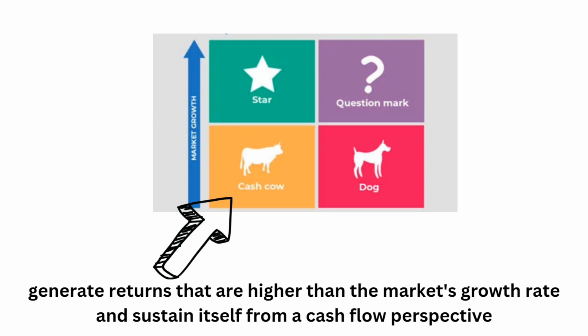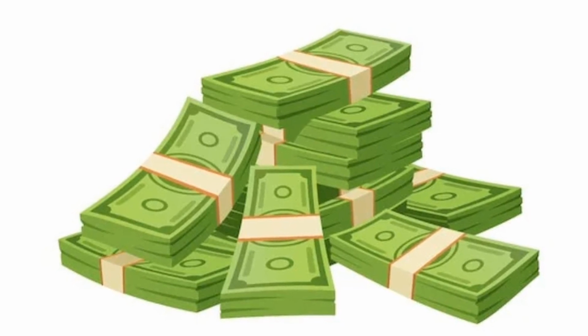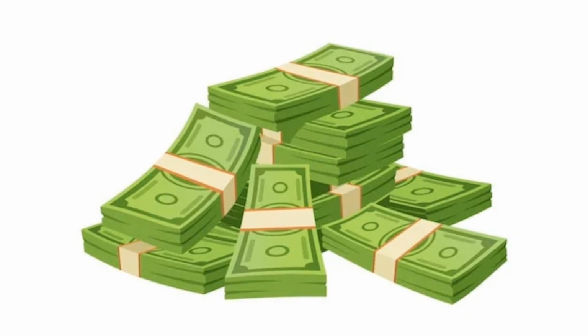These products should be taken advantage of for as long as possible. The value of cash cows can be easily calculated since their cash flow patterns are highly predictable. In effect, low growth, high share cash cows should be milked for cash to reinvest in high growth with high future potential.